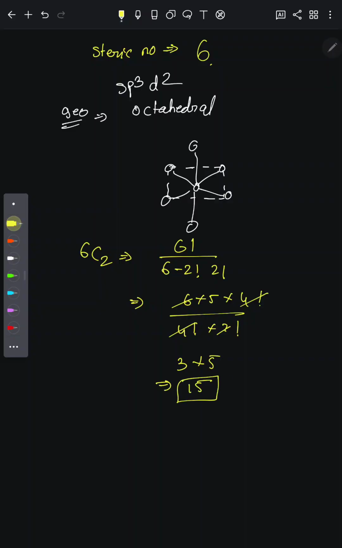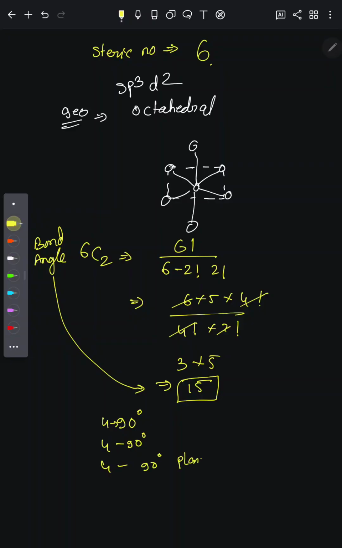So the total number of bond angles will be 15. So there are 4 90-degree angles of up, 4 90-degree angles of down, and 4 90-degree angles in the plane, and 3 180-degree angles are present in between. So the total number of angles will be 15.